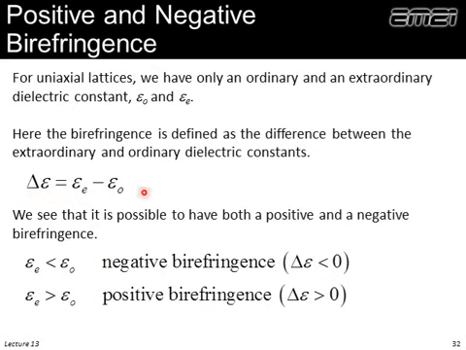And this gives us a measure of how much birefringence, how much anisotropy this particular metamaterial will give us. Because we're subtracting 2 things, we could have negative or positive birefringence. Usually the extraordinary is bigger than the ordinary, but that doesn't have to be the case. We can turn that around and we'll see that on the next slide.